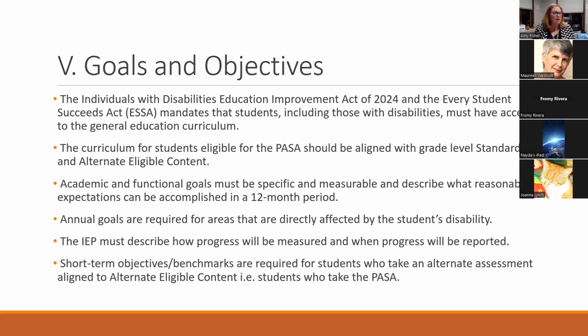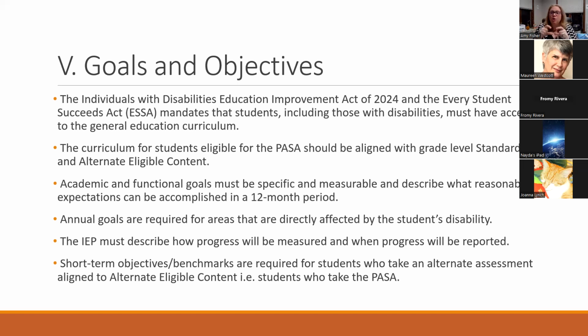All goals, both academic and functional, must be specific and measurable. And they should describe what reasonable expectations can be accomplished in a 12-month period. So when you come together and you write that goal, what you are saying is, in the next year from now, 12 months from now, so if we're meeting in November, next November, it's reasonable to expect that my student should be able to do the following, and then list it.